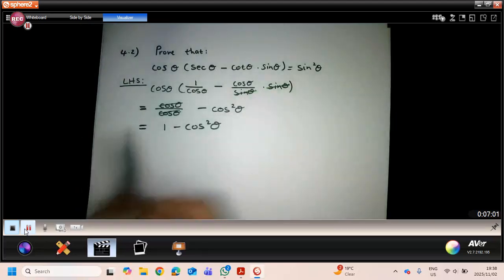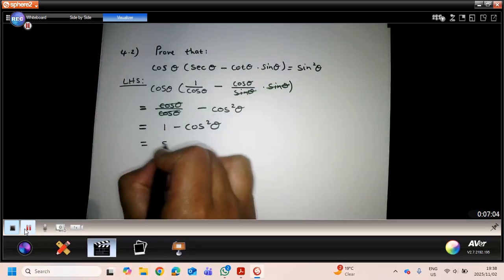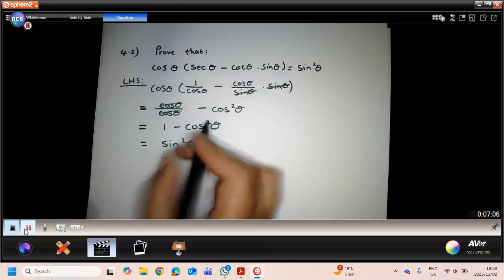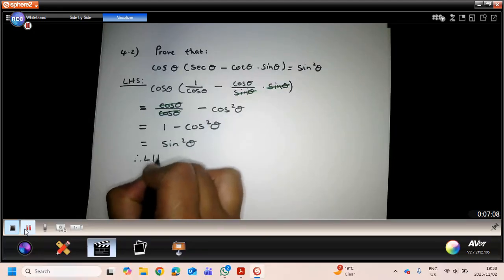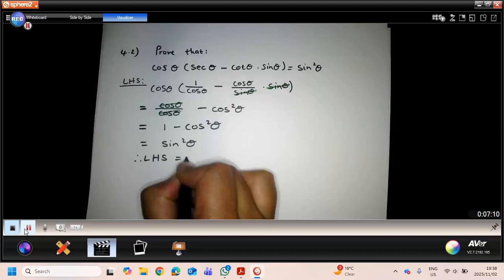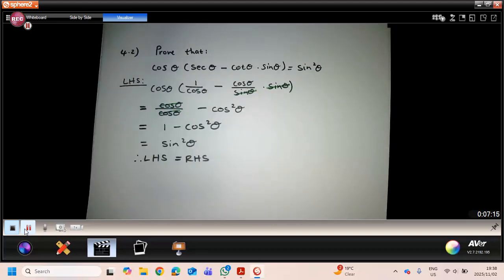So therefore we can write this as sine squared theta, and then we can conclude our answer to say that the left hand side is equal to the right hand side. This question is quite nice because they kind of give you the answer, and you just need to use the identities or your inverse or your trig ratios to end up at whatever is written on the left or on the right in its simplest form.